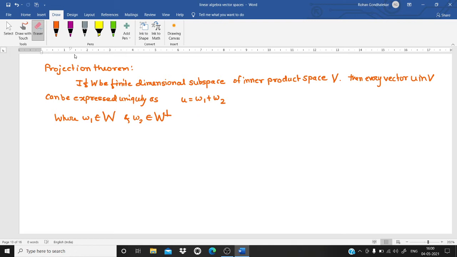Now what is W perp? It is the orthogonal complement of W. W perp is called the orthogonal complement of the subspace W. Okay, fine.